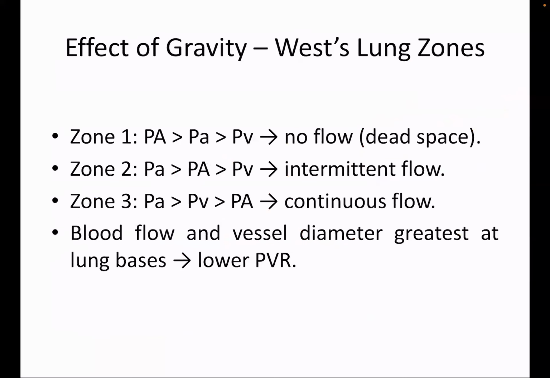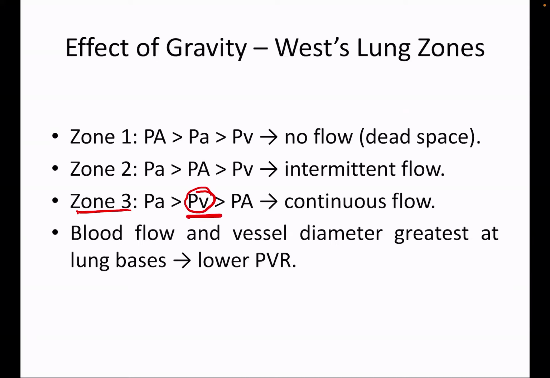Now the effect of gravity. This is another important thing. What happens in the West zones, I'm not going into the details. As we know, the contribution to the PVR is mostly by the veins. Here, as we can see in zone 3, the vein has a good amount of blood supply.